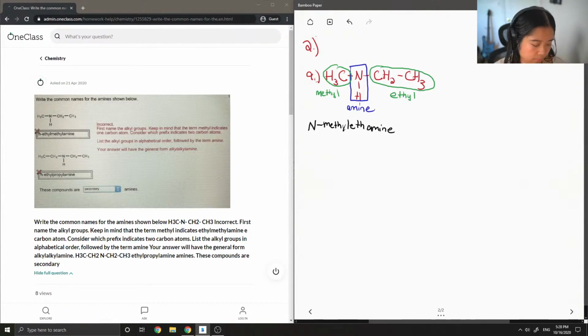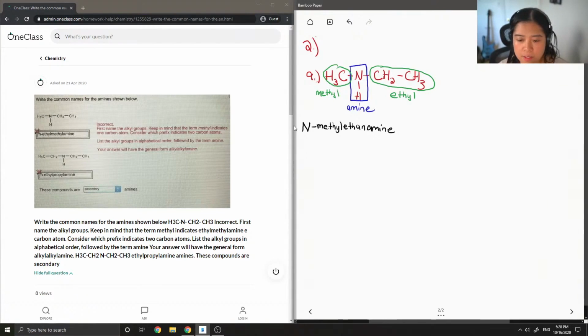I think it's methyl ethanamine. Let me just rewrite this. So N, methyl ethanamine.